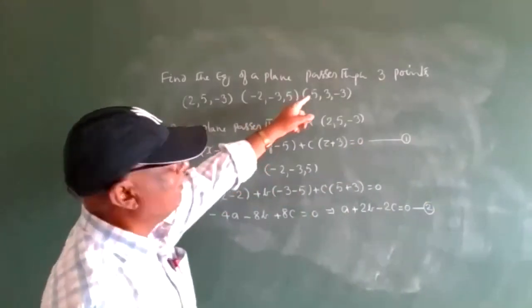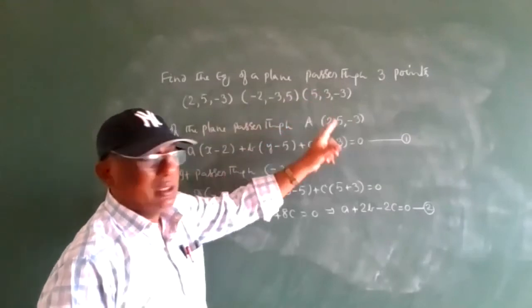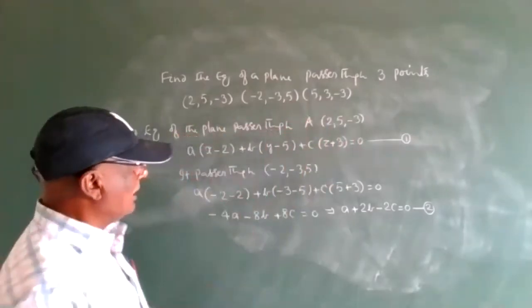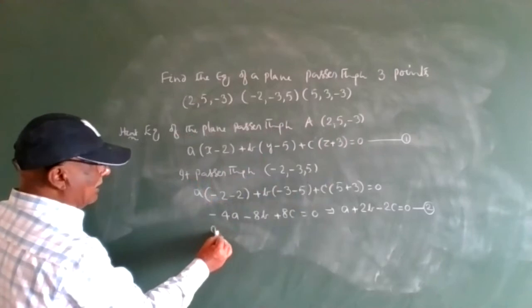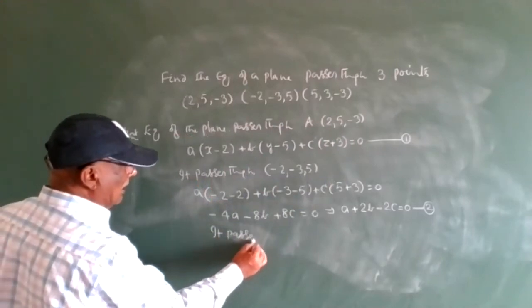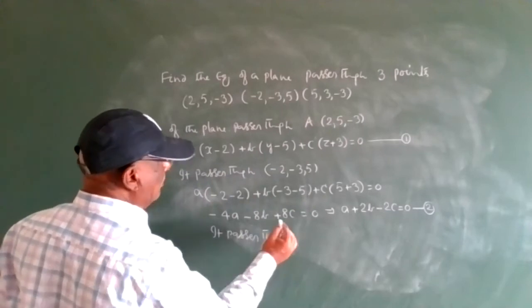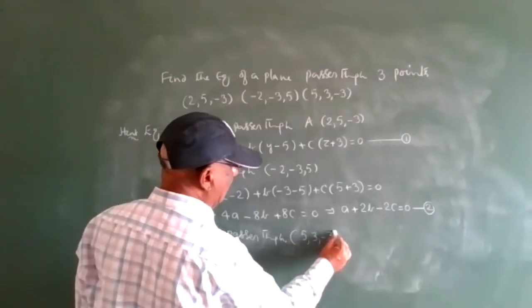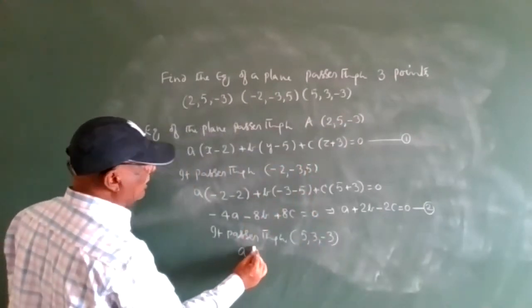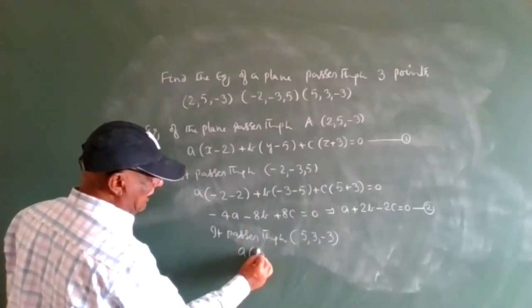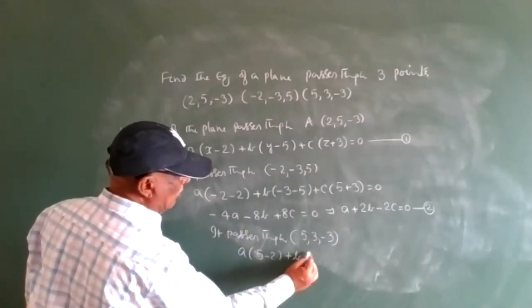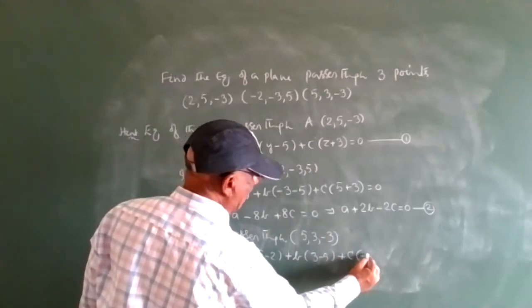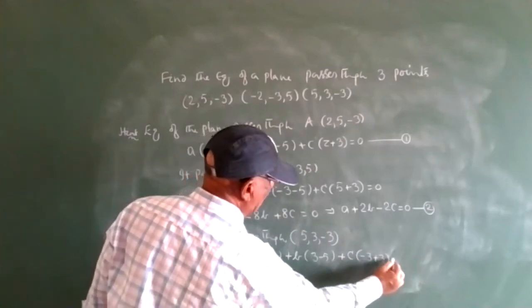The same equation number 1 is also passing through the third point. Now substitute the third point, 5 comma 3 comma minus 3. a into (5 minus 2), b into (3 minus 5), plus c into (minus 3 plus 3) is equal to 0.